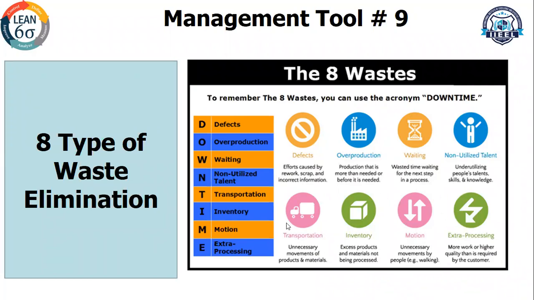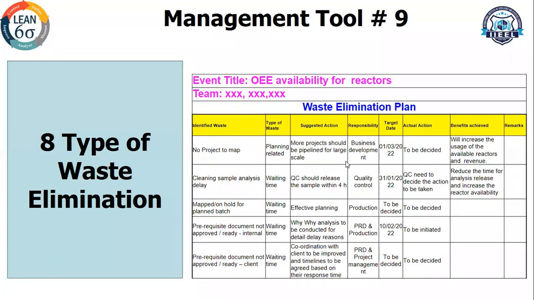So keep in mind this tool of 8 waste elimination, which you can find after value stream mapping, and you have a template. This is a simple tool with which you can start putting the waste, whatever type of waste you're seeing, and come out with an action which could be a quick win or which could be complex to go further and do. So this template is also available along with the value stream mapping to eliminate the waste.